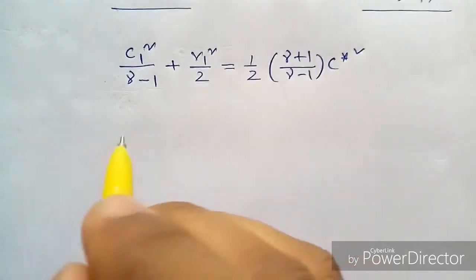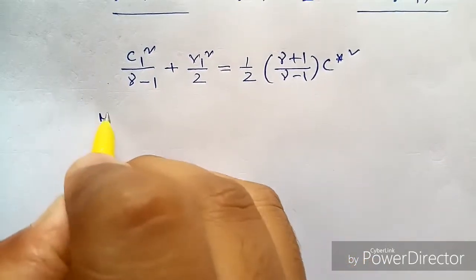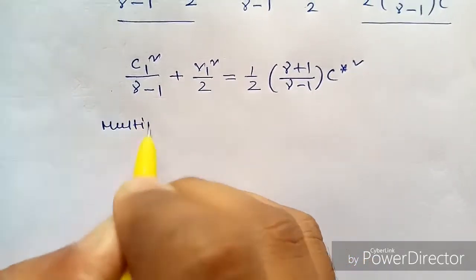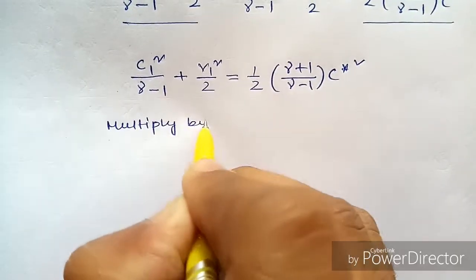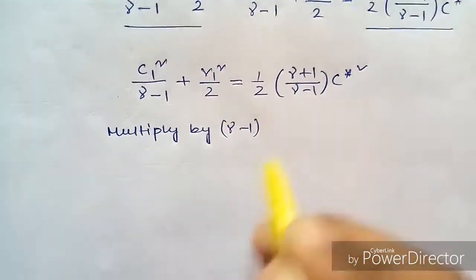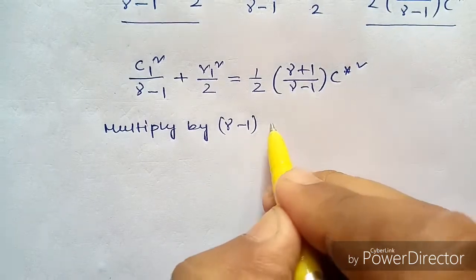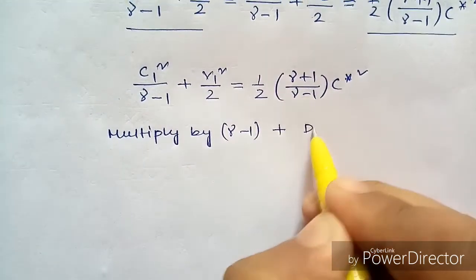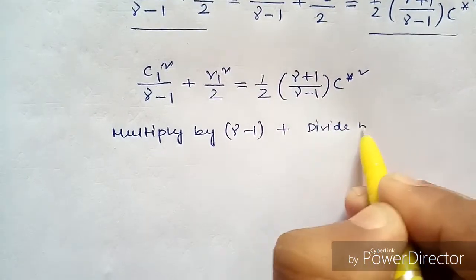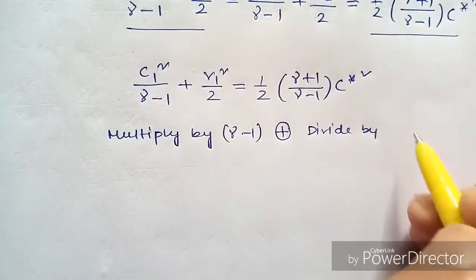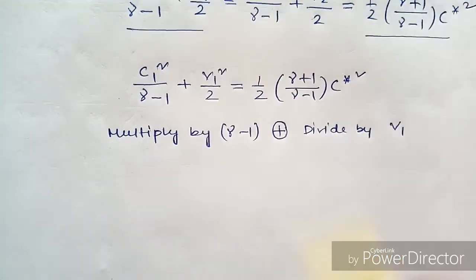Next what we have to do, multiply by this and divide by v1.